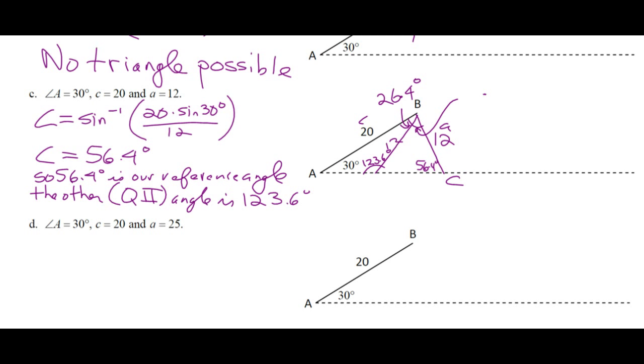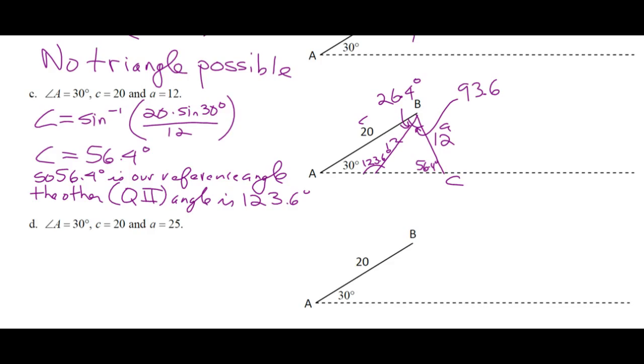So what takes us to 87, takes us to 90, 87, takes us to 180, so 93.6. All right, now you can check it with a calculator, because I don't even know if that's right. But those are two possible triangles, right? So we have two possible triangles.